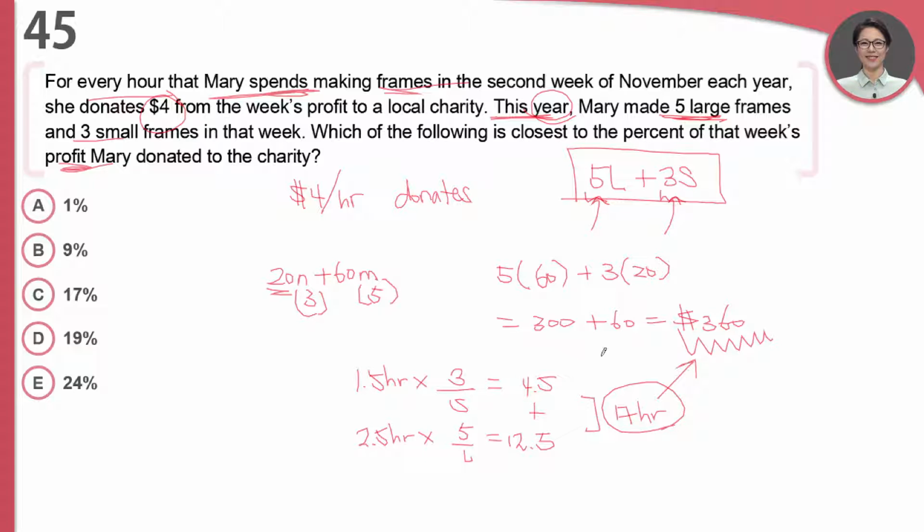She donates $4 per hour, so 17 hours times 4, that is 68. So she donated $68. The percentage is 68 over 360 times 100, and that is equal to 18.88%, close to 19%. D is the answer.